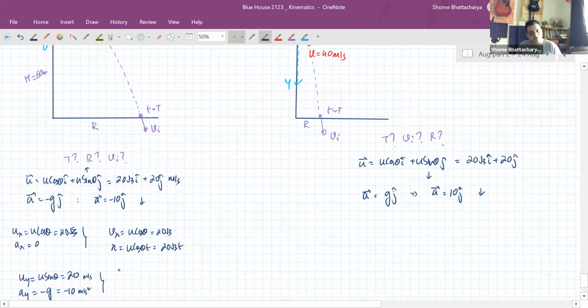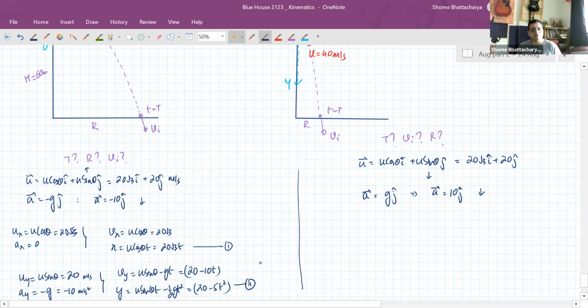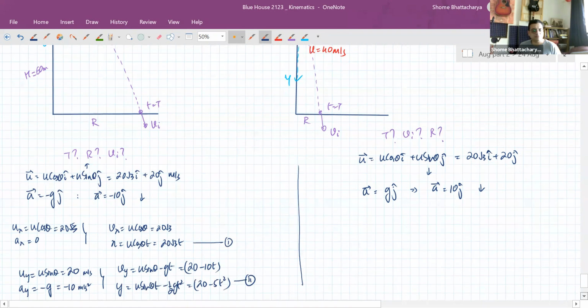So from this, the y component of velocity at any time is u sine theta minus gt, or in this case 20 minus 10t. And the y component of displacement is u sine theta t minus half gt square, so 20t minus 5t square. So these are going to be the most important equations, this and this. I'm going to solve this part first fully, then I come to that part.